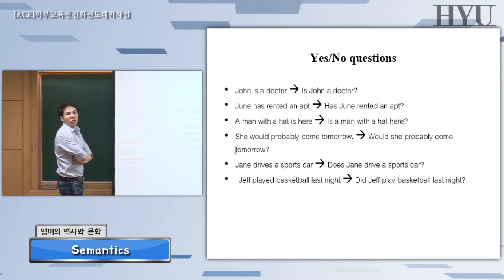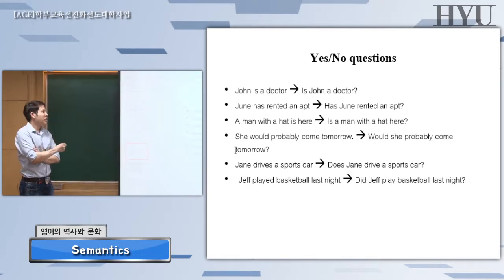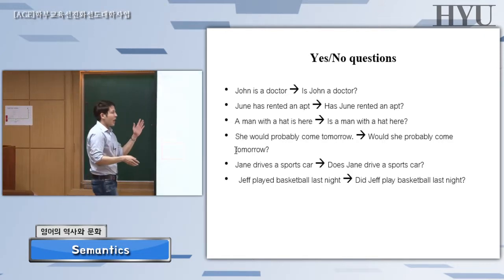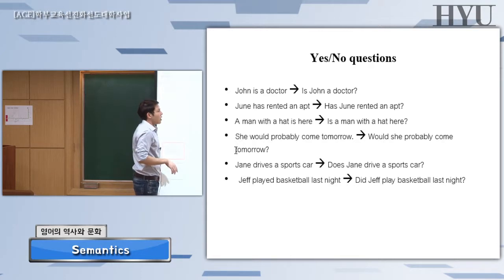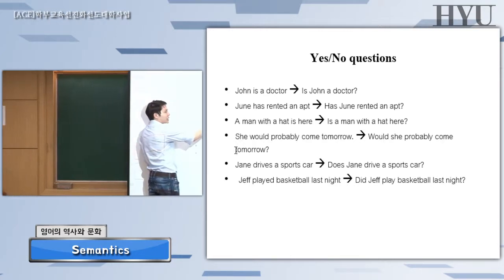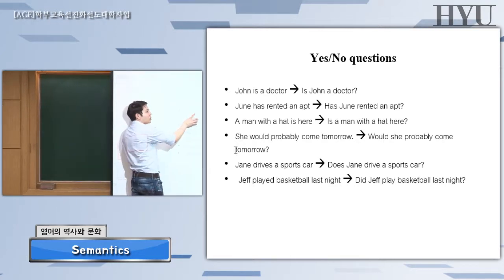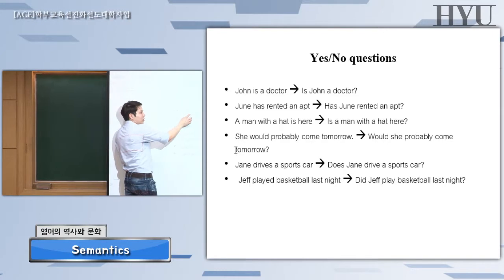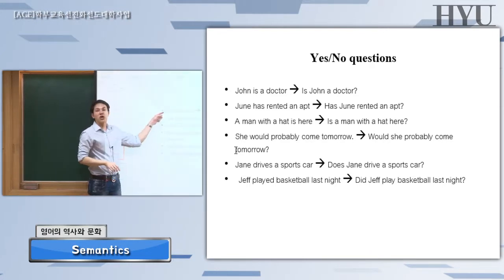Now, what's the rule, right? Syntacticians want to discover the rules that underlie these things. So based on the first example, it seems that what you do is move is to in front of John, right?